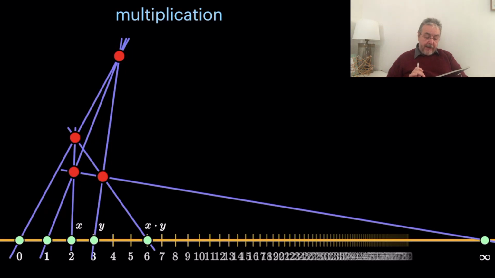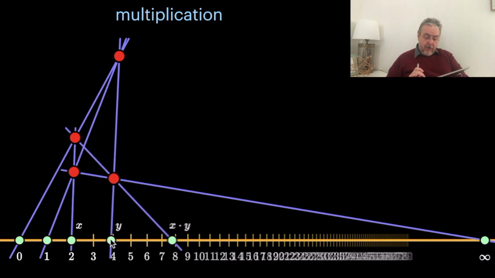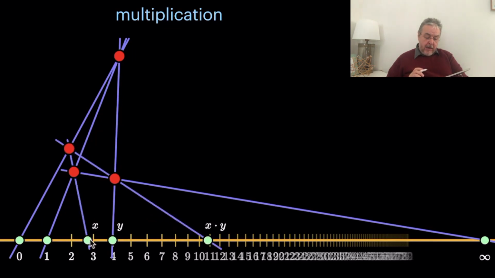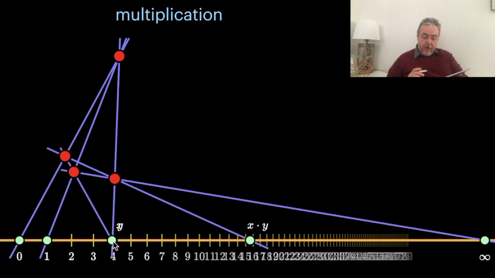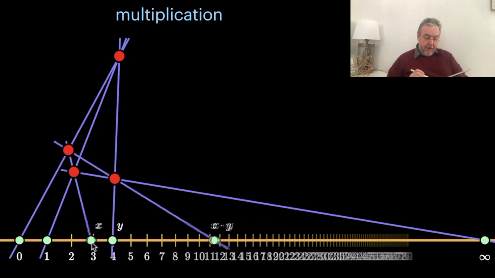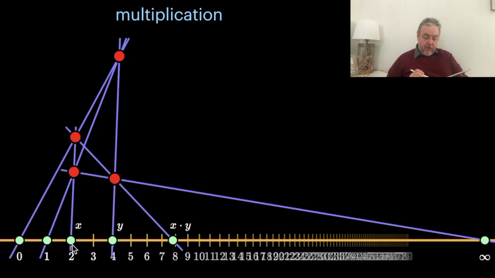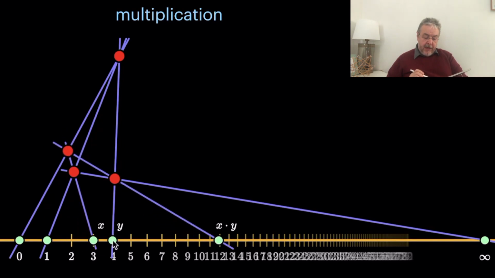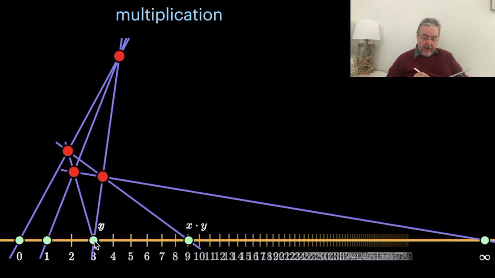A few more examples. 2 times 4 turns out to be 8, and 4 times 4 turns out to be too large for my examples here. So let's do one more. Let's take 3 times 3, which is a nice 9. So you see, you can also nicely square with these kinds of constructions.